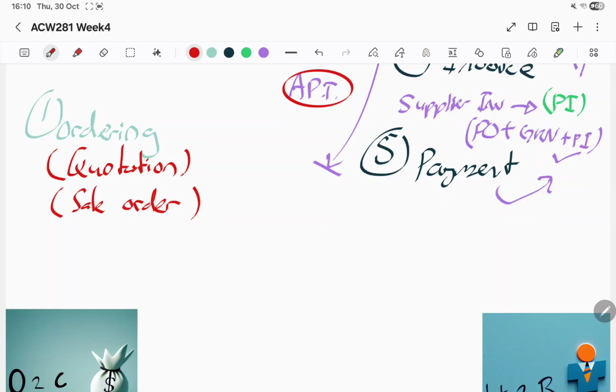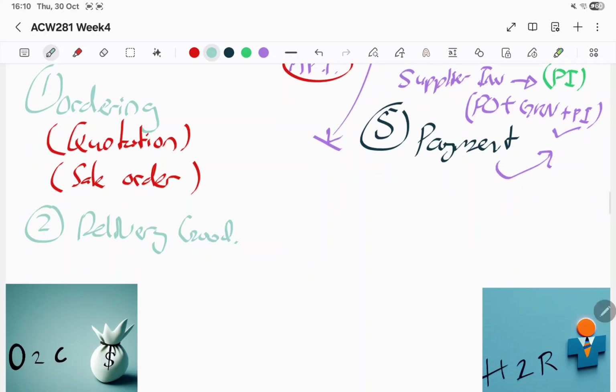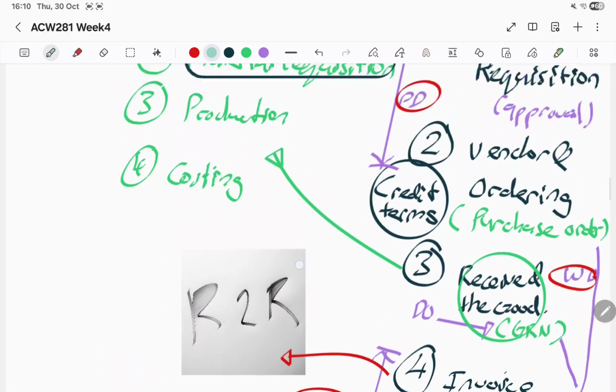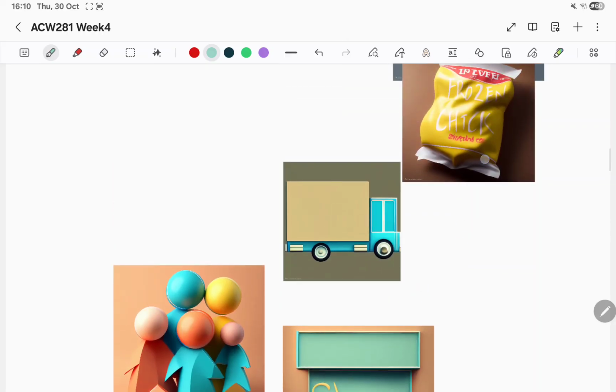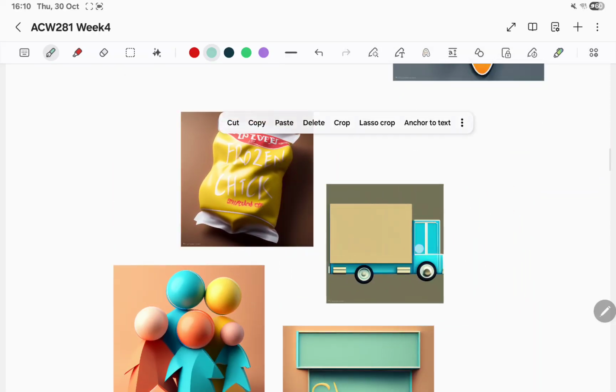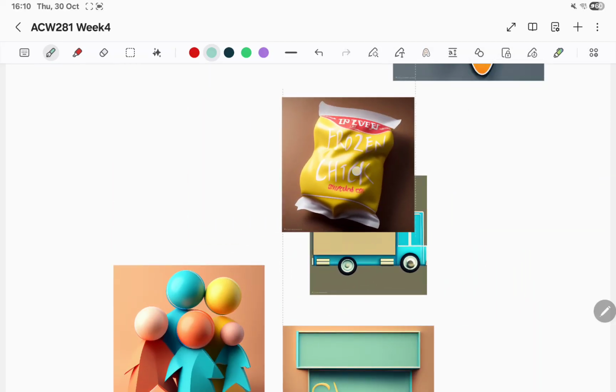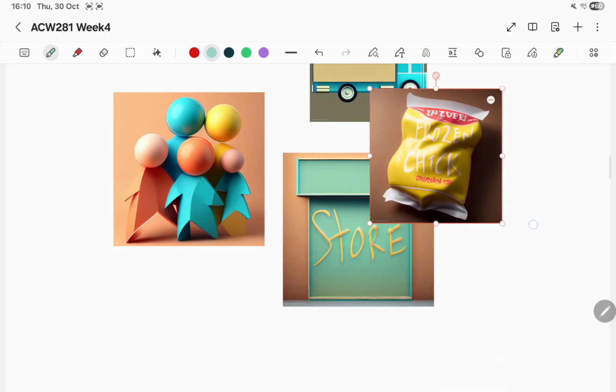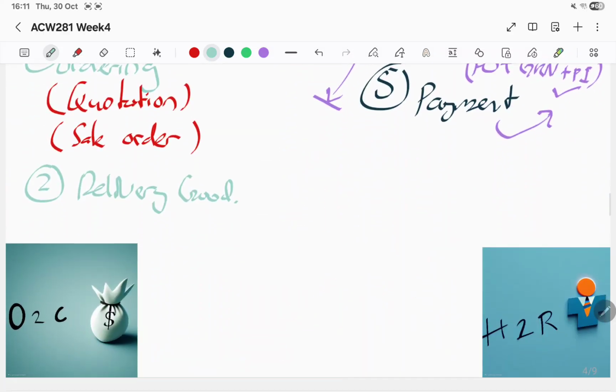Then only you will do the delivery. All right, you're gonna deliver your goods. So this finished product, you're gonna deliver to the store over here, right? So in this stage, usually when you enter into the system, you can transfer from the quotation or the sales order.